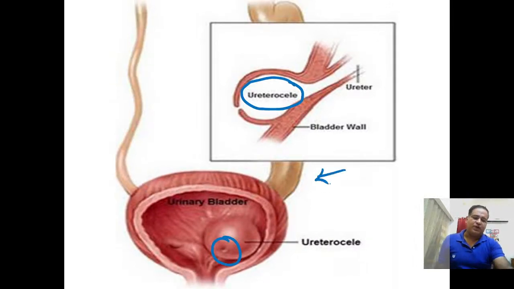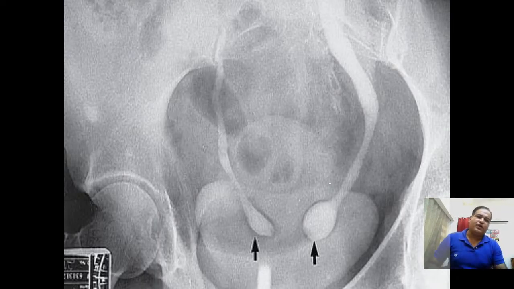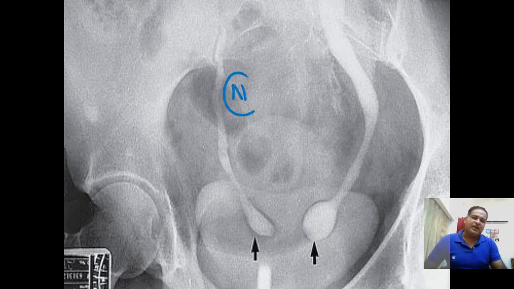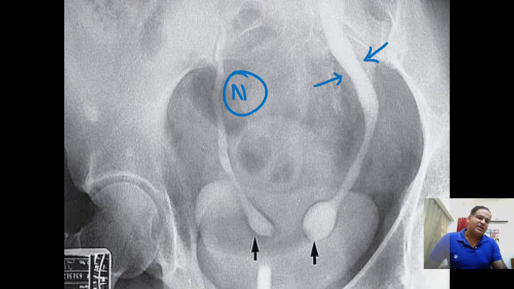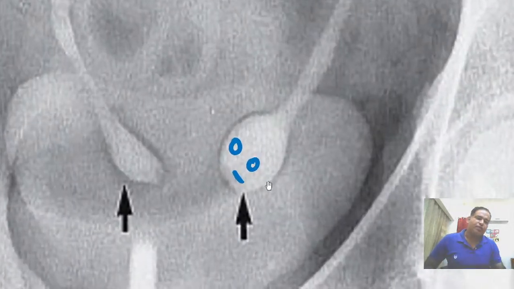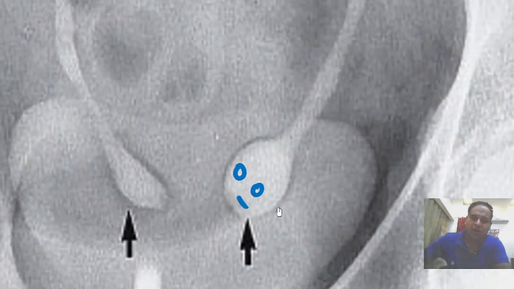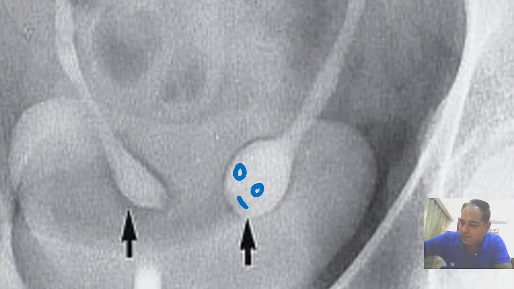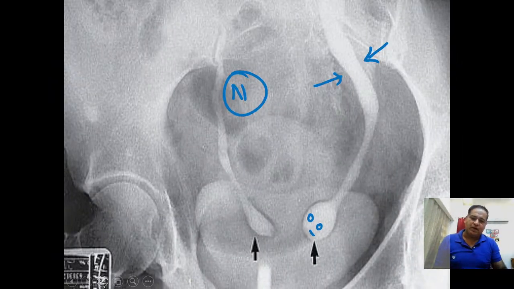So that is why it will cause dilatation of the ureter on the same side. You see it is normal over here, whereas on the other side the ureter is dilated. Second, it will give rise to the cobra head appearance, also called the adder head appearance, adder or cobra, whatever you want to call it.